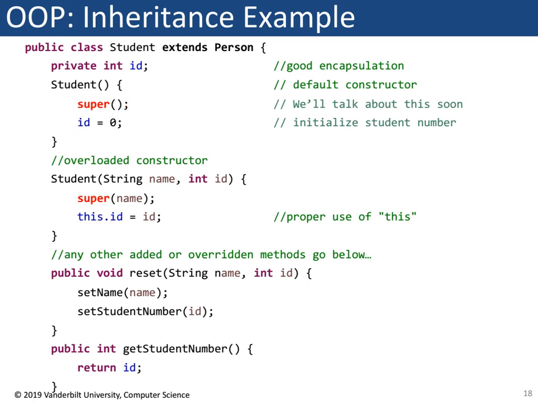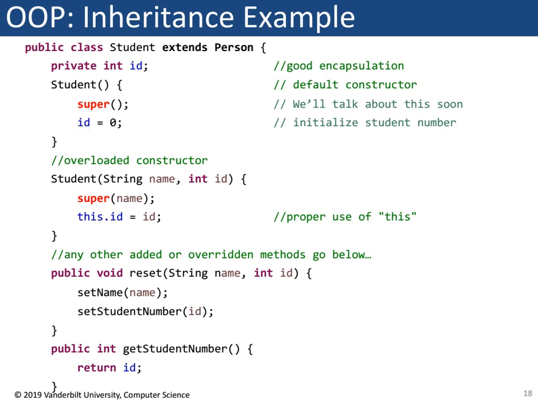But the short version is that super is a way to refer to the extended class, the base class. So this is calling the default constructor for Person, and then we initialize the ID of this student to 0.